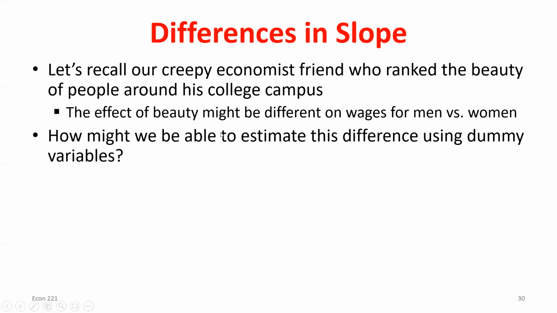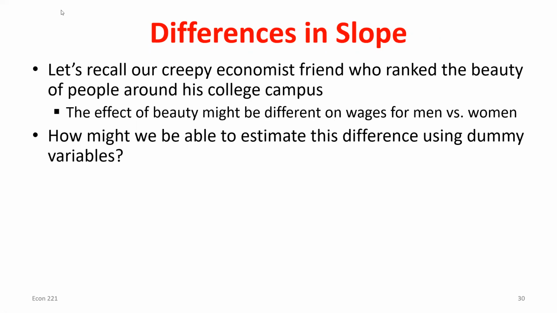So one of the things that came out of this study is that potentially this looks variable, this idea that someone's attractiveness might in fact influence wages, and that might be different for men versus women. So how could I use linear regression to understand this?